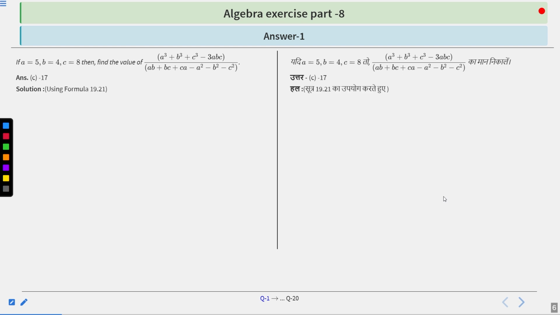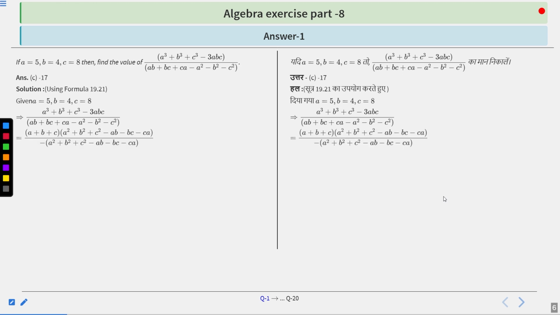We are going to use formula 19.21 to solve this one. We were given a equal to 5, b equal to 4 and c equal to 8. And we have to find out the value of a cube plus b cube plus c cube minus 3abc upon ab plus bc plus ca minus a square minus b square minus c square.